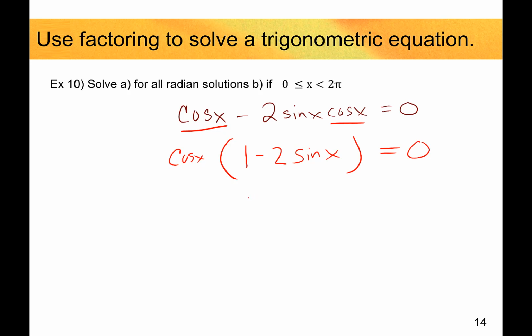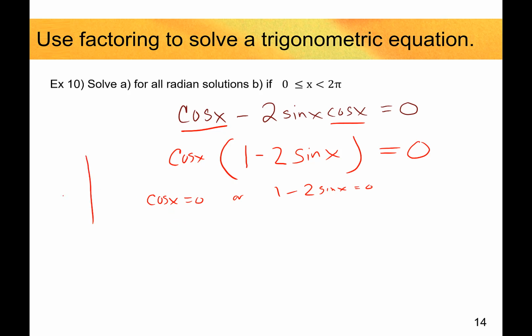Alright, so with this, we got two things that are multiplying each other, so I'm going to set cosine x equals 0, or 1 minus 2 sine x equals 0. And let's solve each of those here. So in this case, what we're thinking about is, when does cosine give me 0?